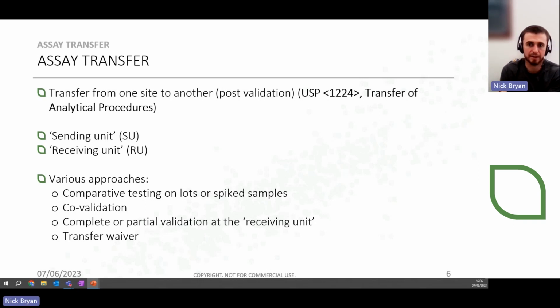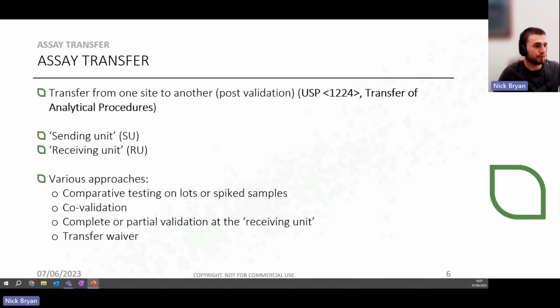And then we've got complete or partial validation solely at the receiving unit. This functions as a normal validation.